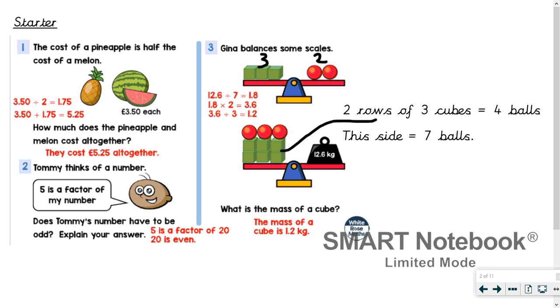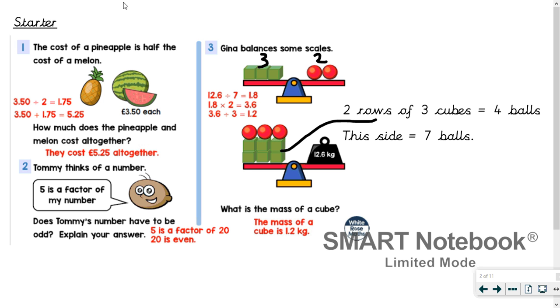After that, Tommy thinks of a number. 5 is a factor of my number. Does Tommy's number have to be odd? Explain your answer. Now, 5 being a factor, it needs to be something that can be times. So 5, for example, could be times by 3 to get 15. That would be odd. That means 5 is a factor of 15. 5 could be times by 5. 5 could be times by 7 to get 35.